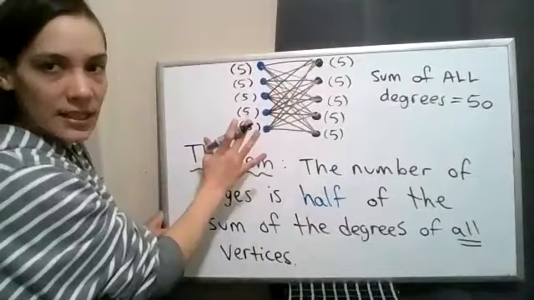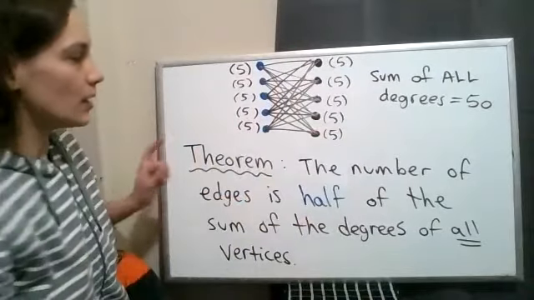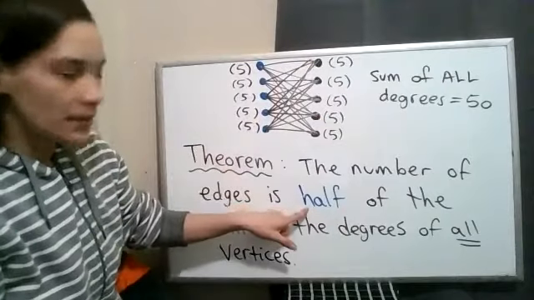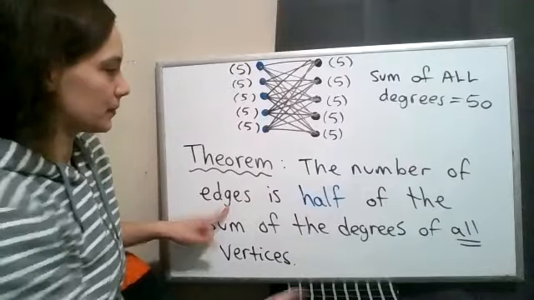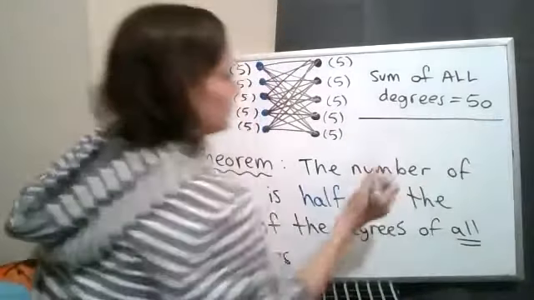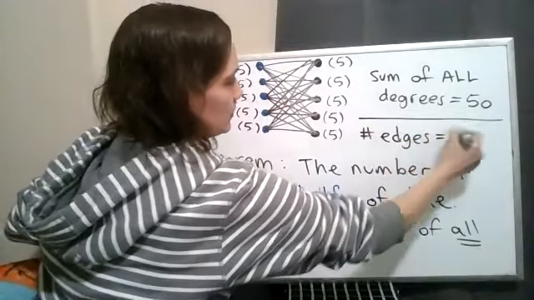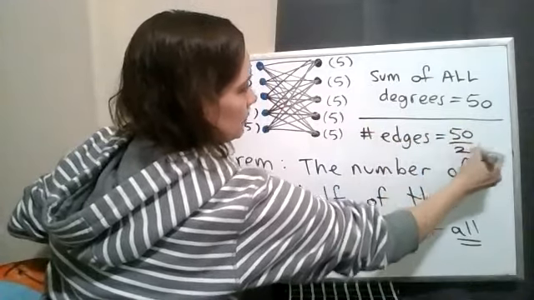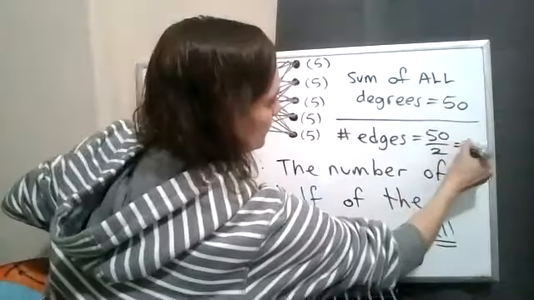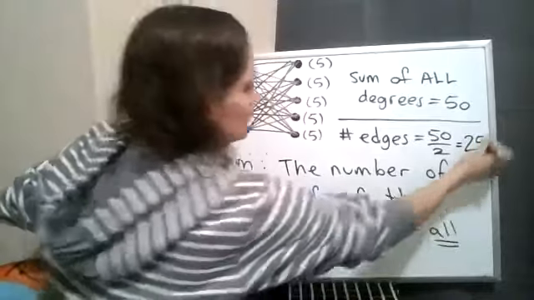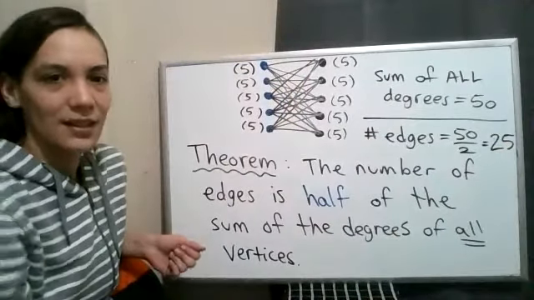So add all the degrees together, and you get 50. And then we need half of that to know how many edges there are. So we get 25. 25 handshakes.